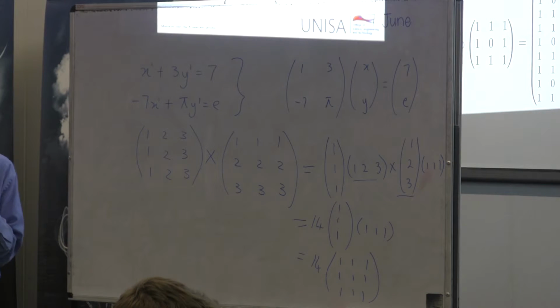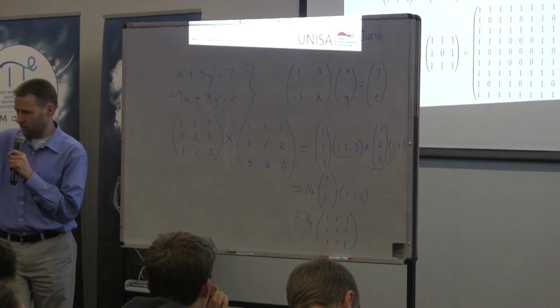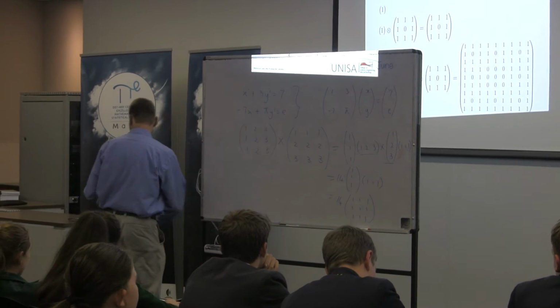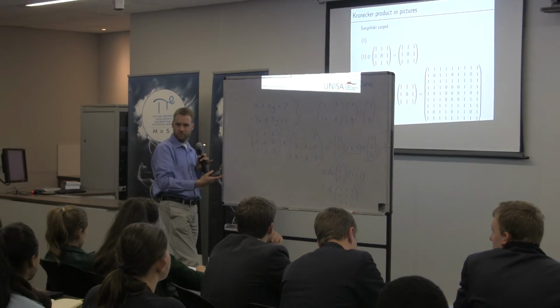Does it make sense? Should we do another matrix product and then a Kronecker product? Okay. Can I erase this one?